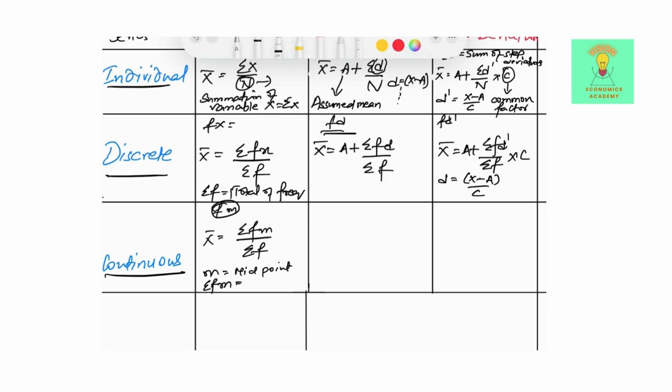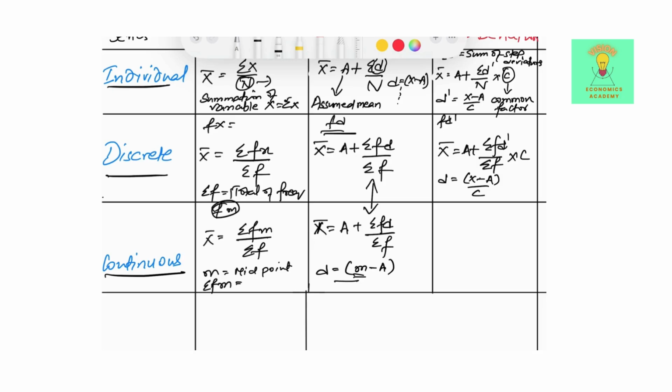Then comes shortcut method, x bar equals a plus summation fd by summation f. Now you can see the formula is similar, right? The formula is similar, but there is a difference in the way you get the deviation. Here d is m minus a. Okay, so there is a difference. It's not x minus a, it's m minus a.